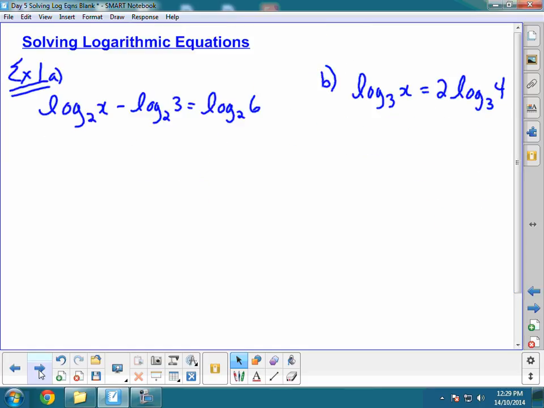So what are we doing today? Well, we're going to solve logarithmic equations. I'll give you a second to copy that down. And as you do, I'm going to talk about how today's lesson is different than yesterday's. Yesterday, we were solving exponential equations. So the equations we started off with had x up in the exponent.